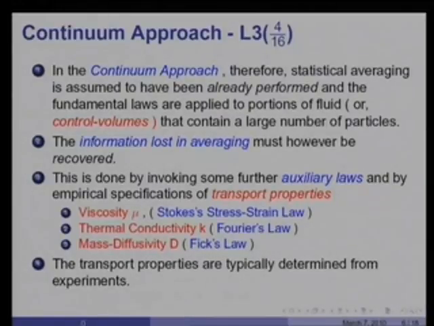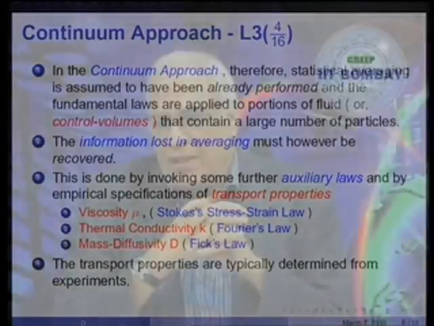In this approach, we assume that the statistical averaging is already performed, and we consider elements of fluid to which fundamental laws are applied. The elements of fluid are also sometimes called control volumes, and these control volumes, although infinitesimally small, actually contain a large number of particles.